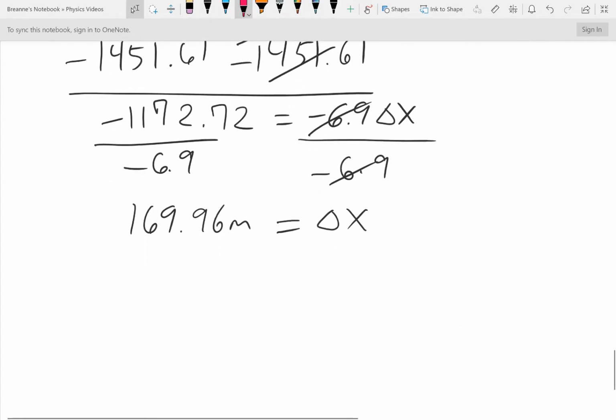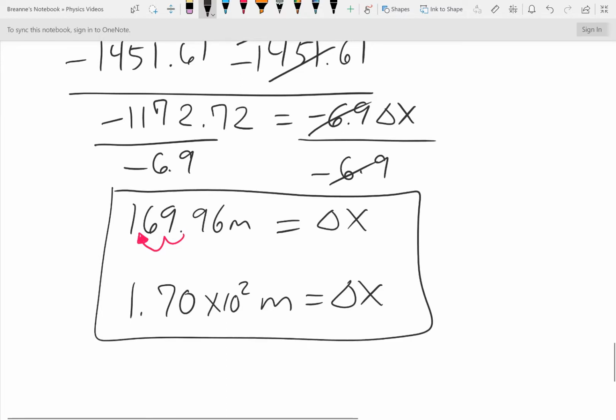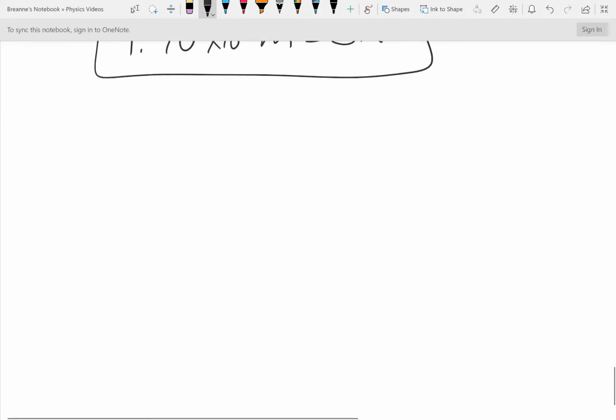To put it into scientific notation, you move the decimal over 2 times. Because of rounding, you actually get a 1.70 times 10 to the 2 meters, and that equals our displacement. That is our standard in scientific notation.